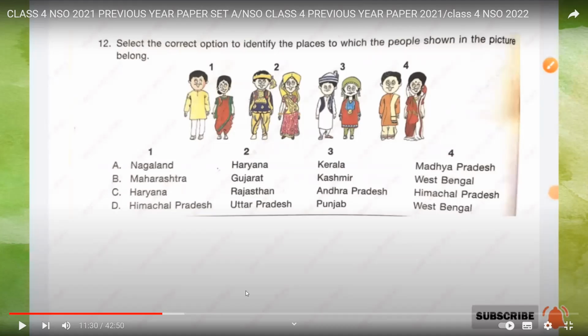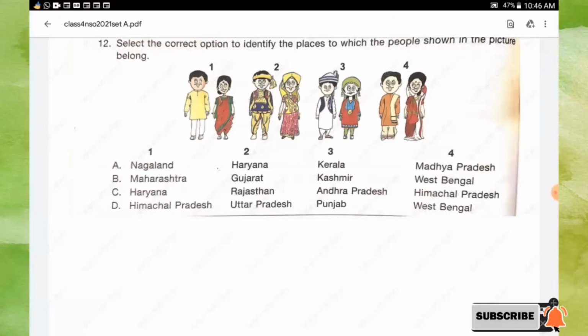Option B. Ma'am, the first one is Maharashtra, then Gujarat, then Kashmir, then West Bengal. Let's check. Select the correct option to identify the places to which the people shown in the picture belong. Now, what is this dress name?